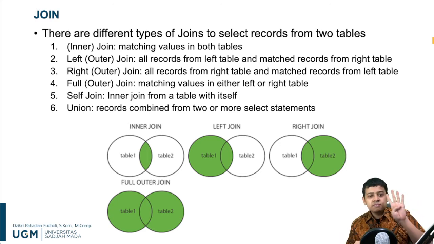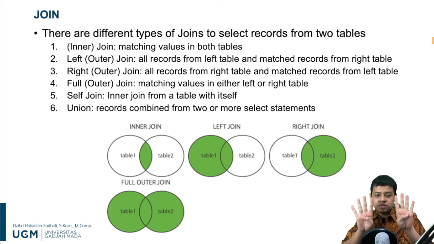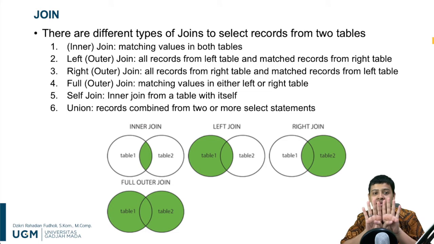So we have table 1 over here and table 2 over here, for example, and we combine these two, and it will consist of 8 columns.